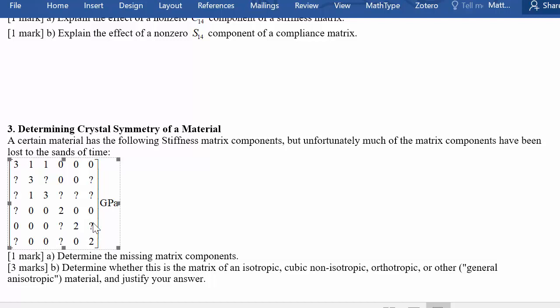So that tells you that we've got at least a cubic material, but the question is whether it's actually isotropic. So is it fully isotropic, or is it cubic non-isotropic? And the thing that's going to tell us about that is whether this is the right size compared to these components.